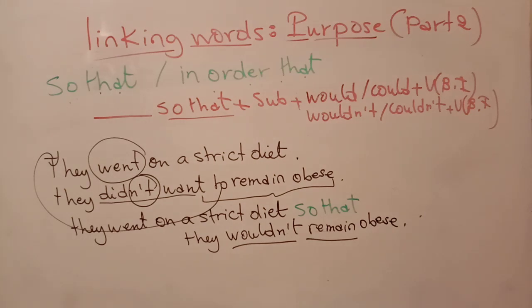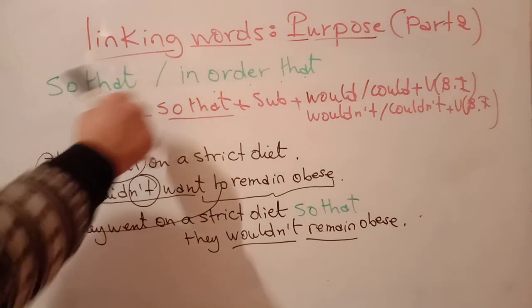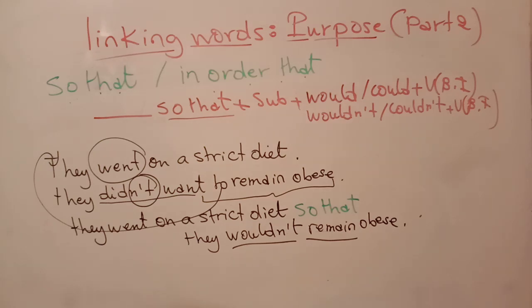When we have different subjects, we cannot use so as to, in order to, and to. When we have the same subject, we have two possibilities: either you use so as to, in order to, or to, or you can use so that or in order that. Clear? I hope you enjoyed today's lesson and now you are able to join two sentences using so that and in order that. Thank you for watching.